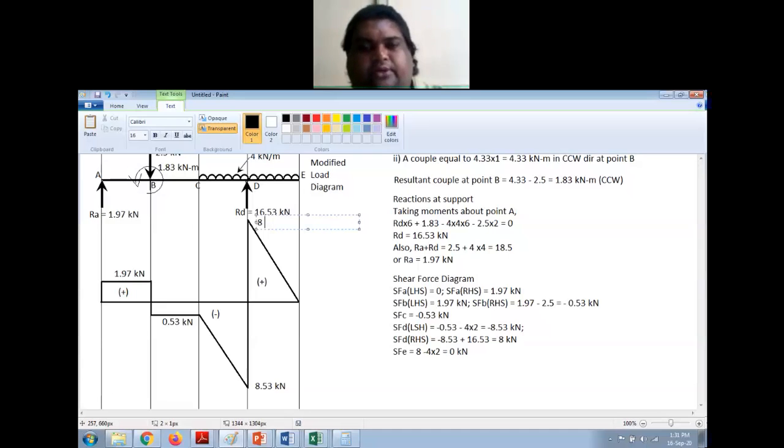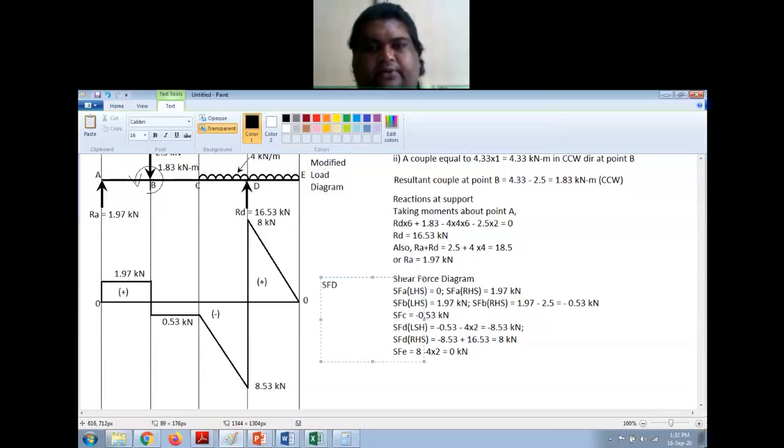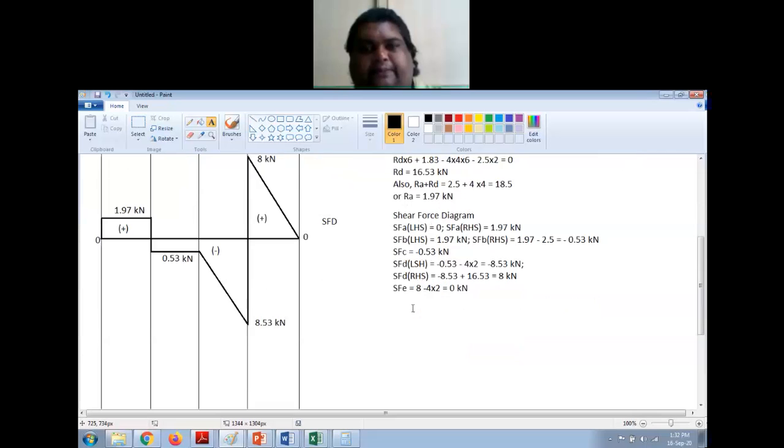Here also it is kilonewton. Right? And this is 8 kilonewton, and this is of course 0, and this is also 0. We started with 0. So this is the SFD. I have completed my shear force diagram.